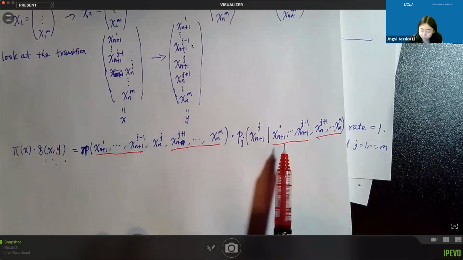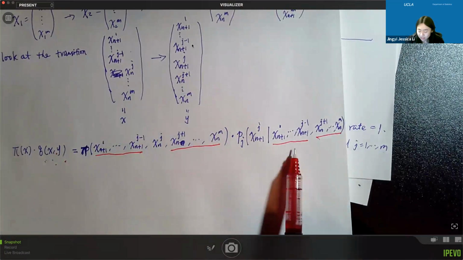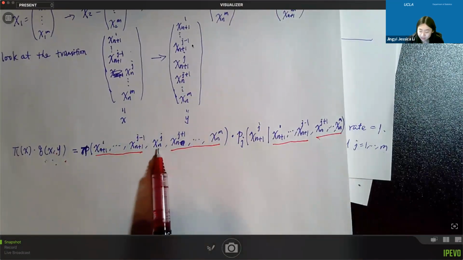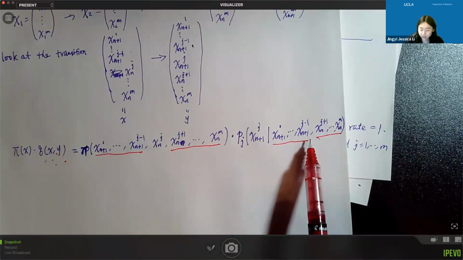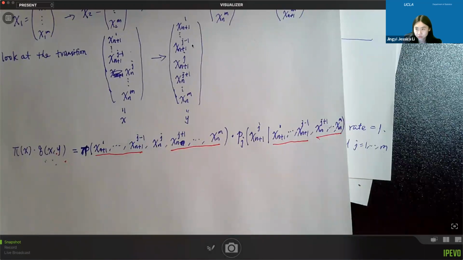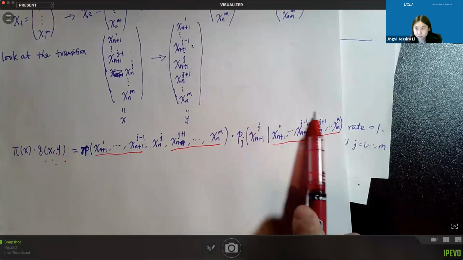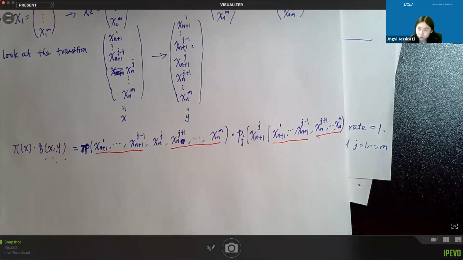What I have more is that the xj, which is here, is not in the condition. We always have the rule that the marginal probability times the conditional probability will give us the joint probability. That's just a fact of probability theory.